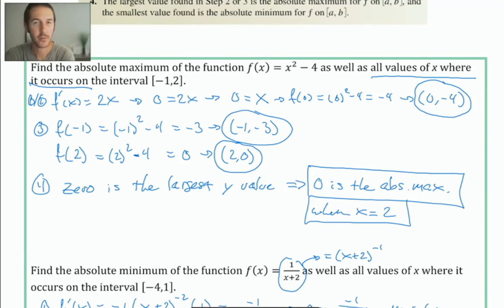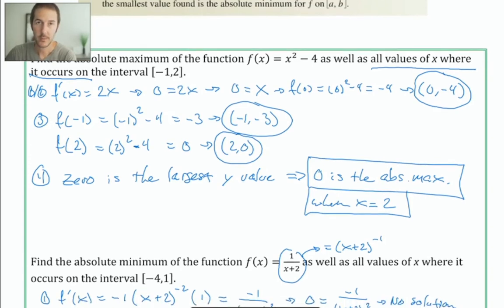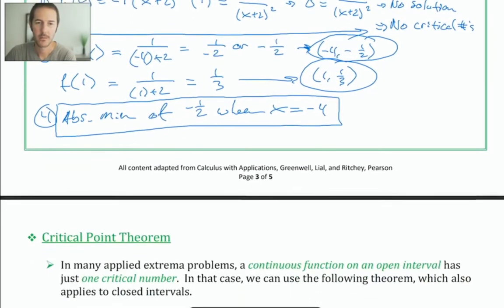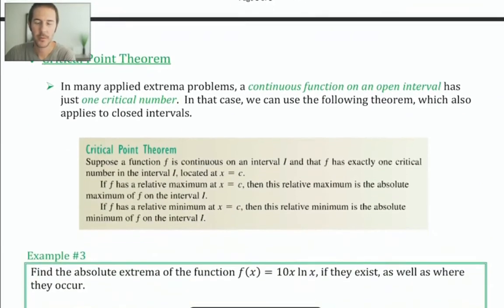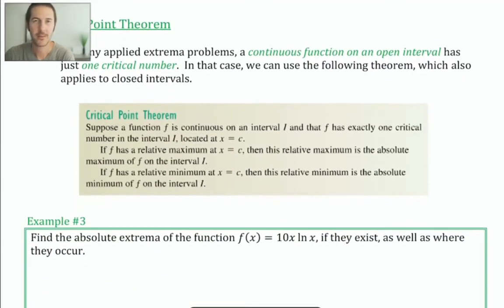Now, if I had asked you for the absolute minimum, that y value of -4 would have been the absolute minimum. And look, if you compare it to the endpoints, neither one of those y values is lower than the y value that we found corresponding to the critical number of x equals 0. So at least for that one example, it appears that the critical point theorem works. And the fact that it's a theorem leads me to believe that I can probably trust it's going to work every time.